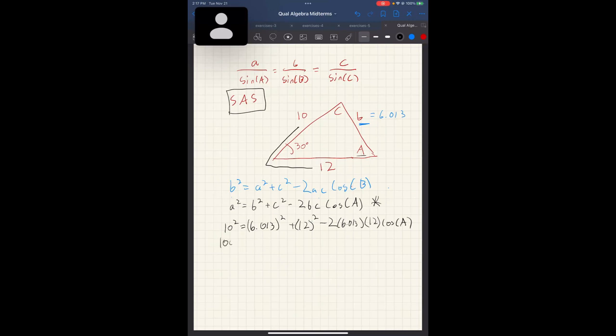So this is 100. This is 36.154. This is 144.